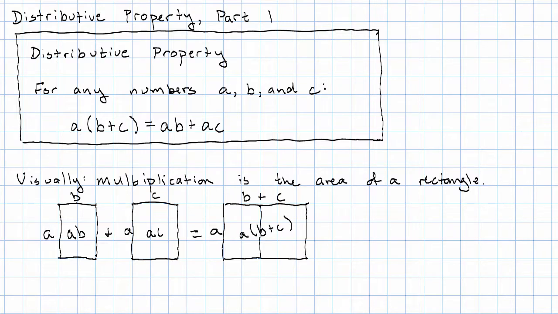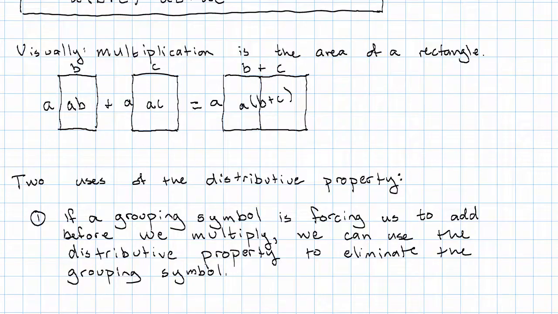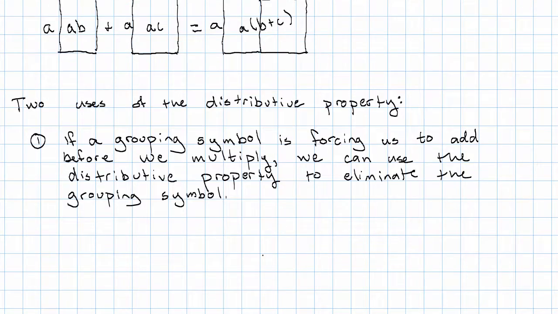In practice, we will use the distributive property in two different ways. One way is to say, if a grouping symbol is forcing us to add before we multiply, we can use the distributive property to eliminate the grouping symbol.